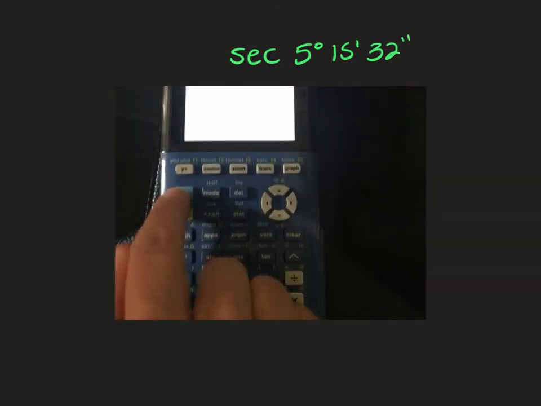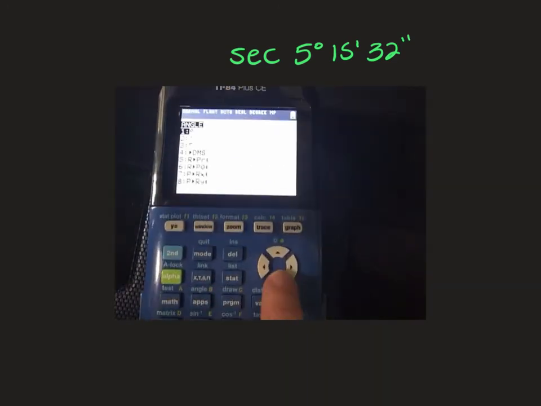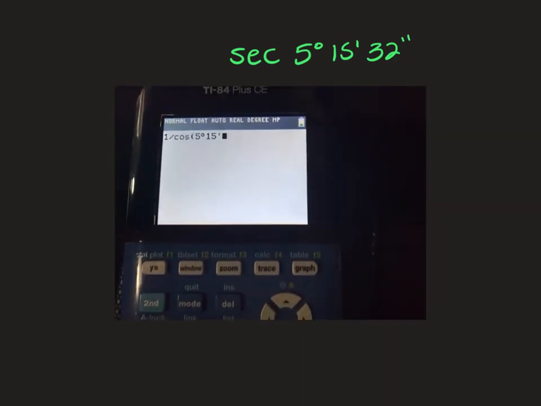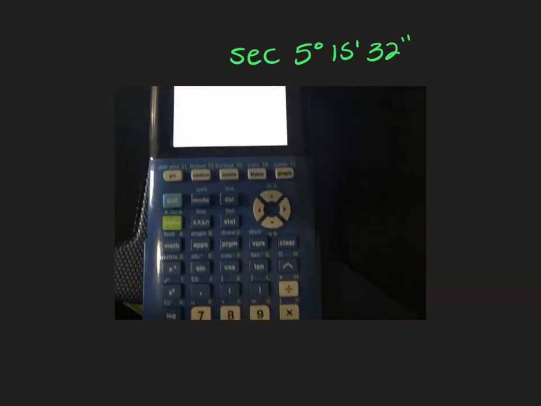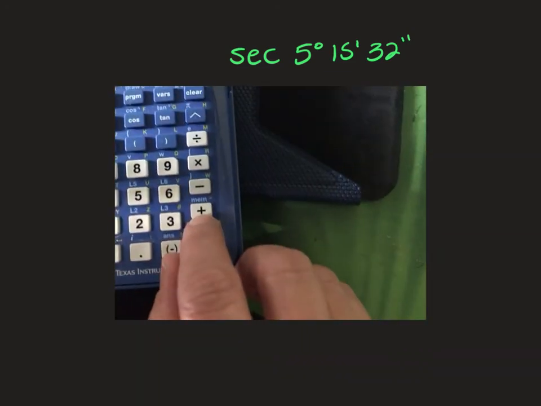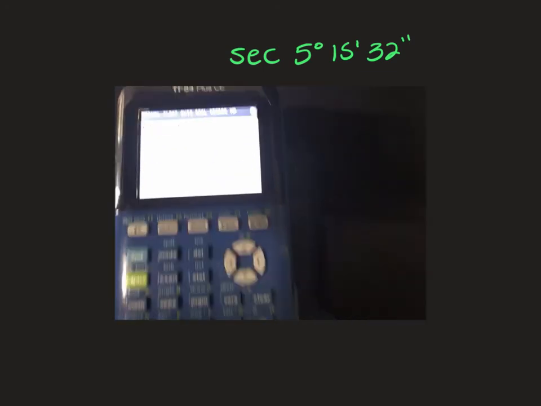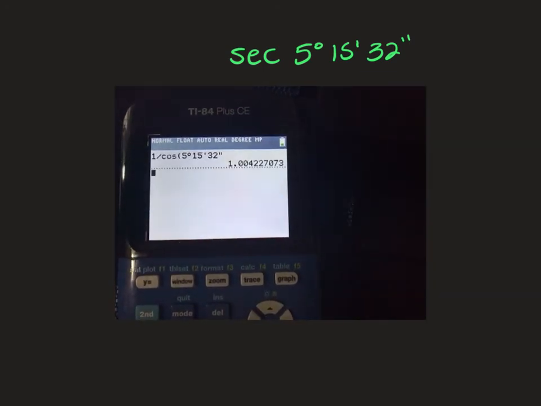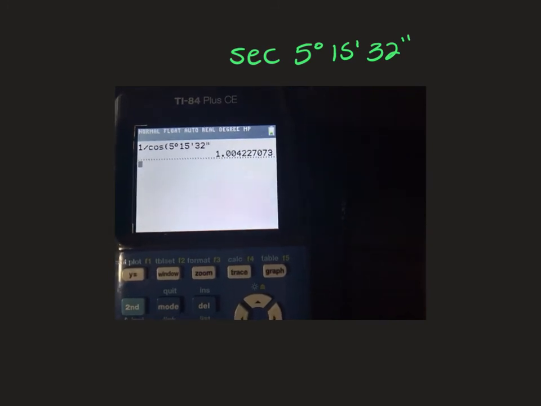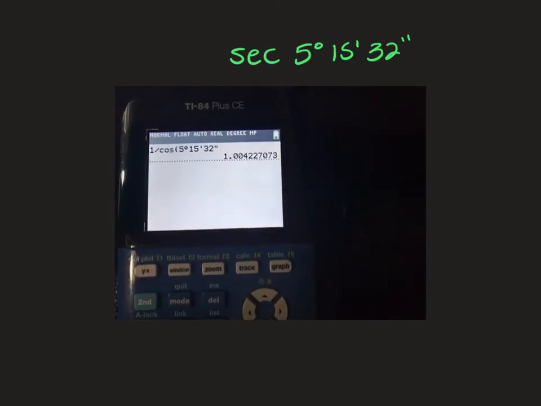Then 15, I go back to that same menu, second apps, single tick mark. And then 32, this one's weird. It's down here above the plus symbol. It's alpha plus, and I get the double tick mark, and then I hit enter. 1.0042 would be the answer there.